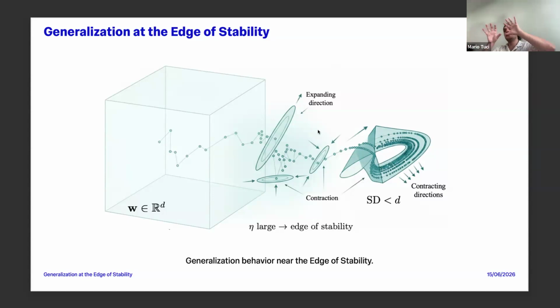And actually, the interplay between those is the reason why the weight space in the end lives in a lower dimensional set. So what we see here is that the weight space actually lives in a lower dimensional set. So our sharpness dimension, especially in the edge of stability, is smaller than the ambient dimension.